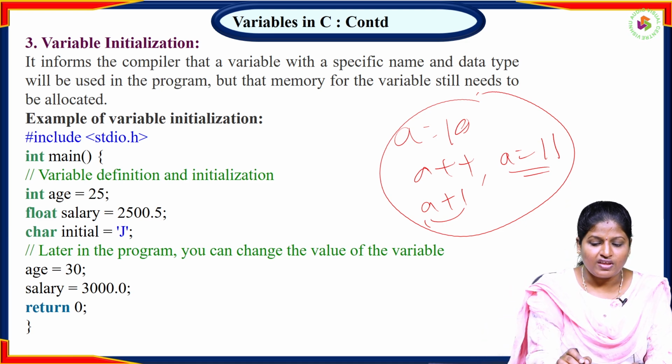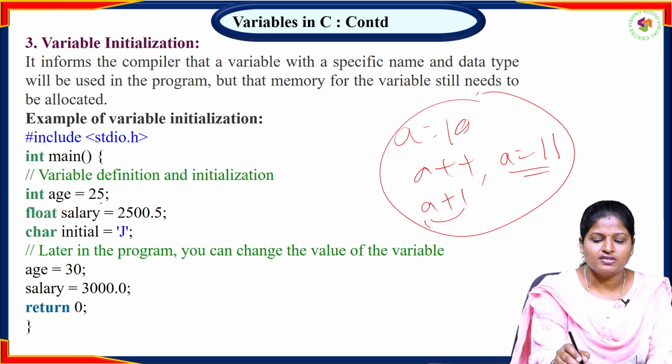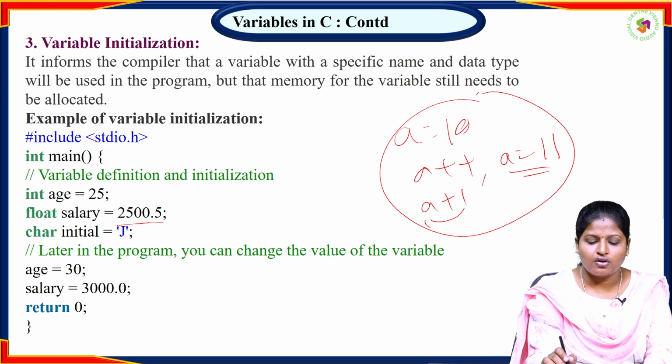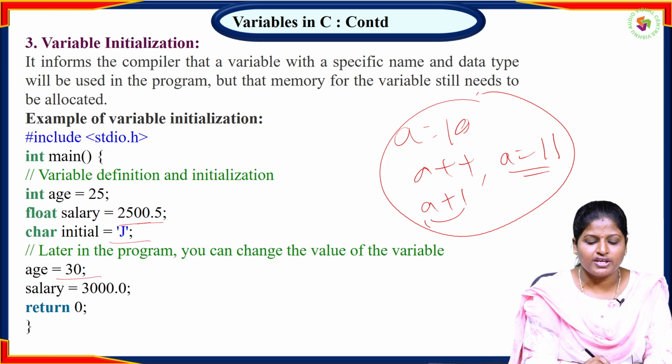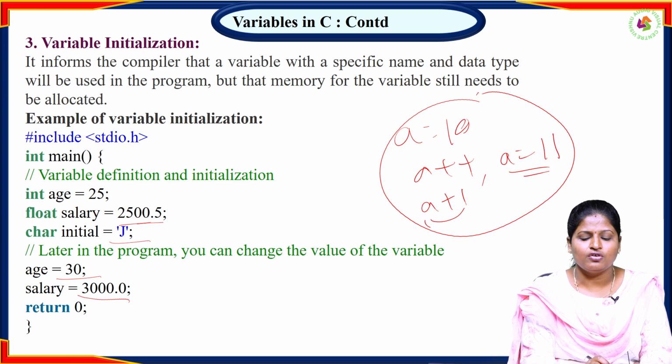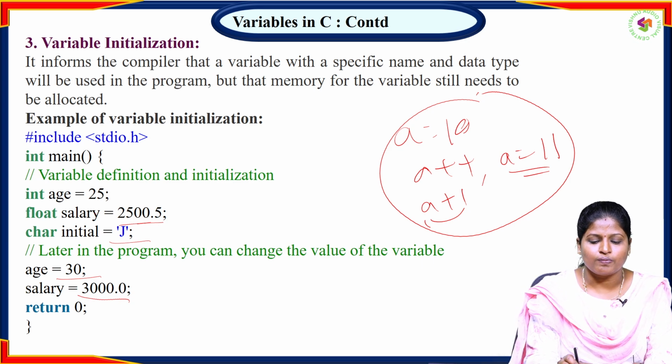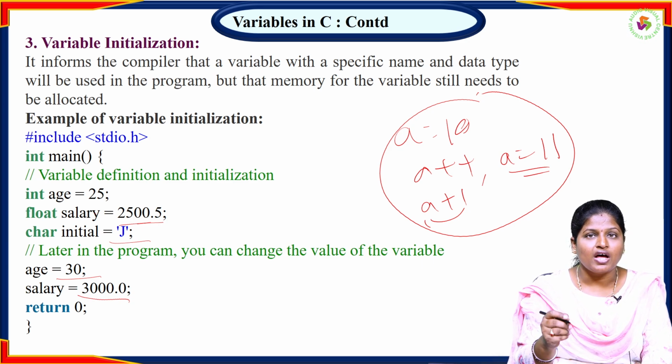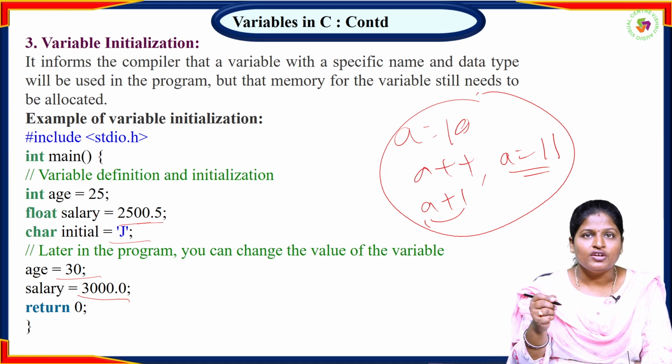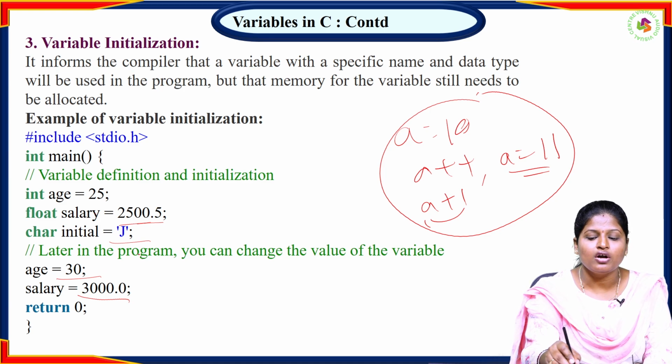See, in the example here, in the first case we took age as 25, salary as 2500.5 and initial as J. Now I have modified age into 30 and salary I have changed into 3000.0. That means after this program, if I want to use age as a variable, you will get the value as 30, not 25.